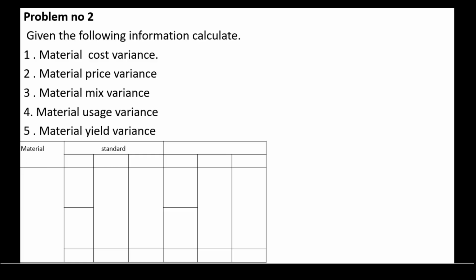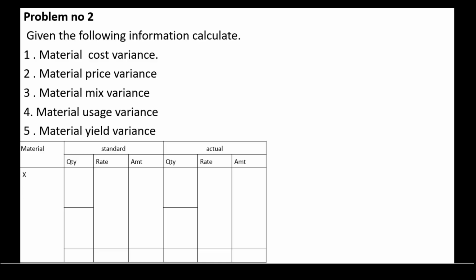Materials, standard information, that is the standard quantity, standard price, and standard cost or standard amount. Actual quantity, rate means price, amount or cost. That is the actual quantity, actual price, and the actual cost.